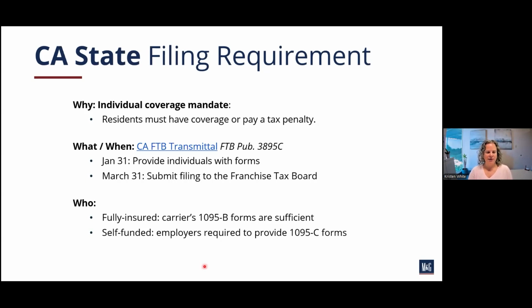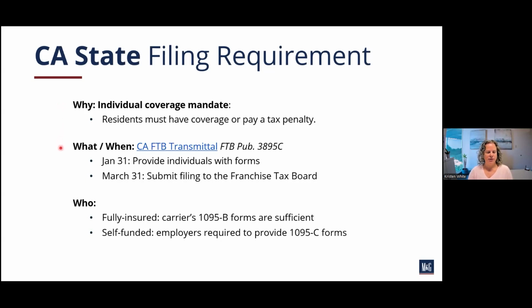So a handful of states, including California, chose to create their own mandate. So if you're a resident of California, you are required to have coverage or you're going to pay a tax penalty. That's why these states want to have the reporting. It's not to prove if you offered the right coverage. It's just for those individuals to have proof that they were covered.